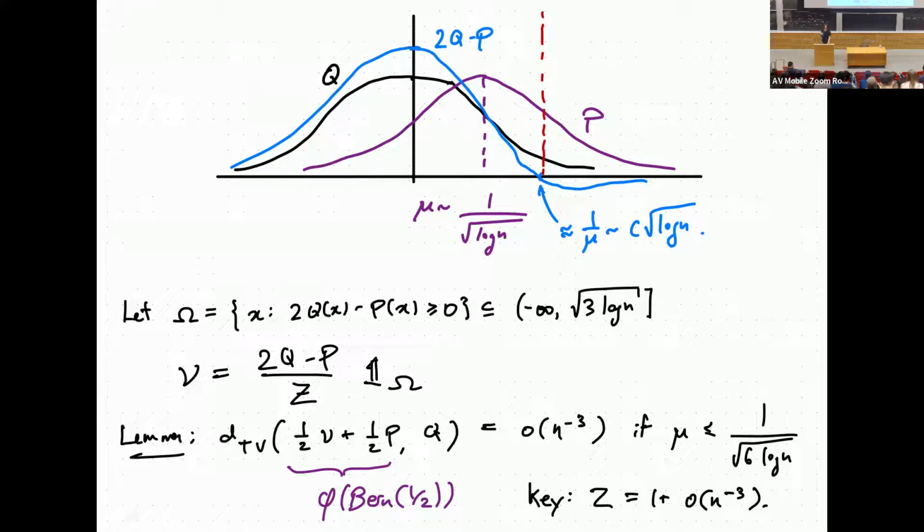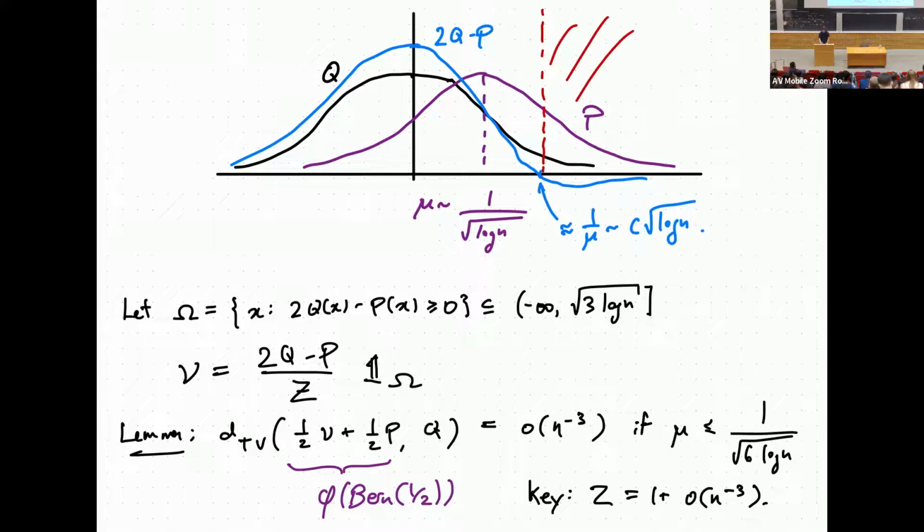And so this rescaling factor is extremely close to 1. And so by truncating this distribution, we haven't really done a whole lot. The intuitive reason why that's true is because both Q and P have very little mass to the right of the threshold point. So if neither of them has almost any mass, then 2Q minus P also has almost no mass, and it's pretty much irrelevant that we chop the distribution up there.